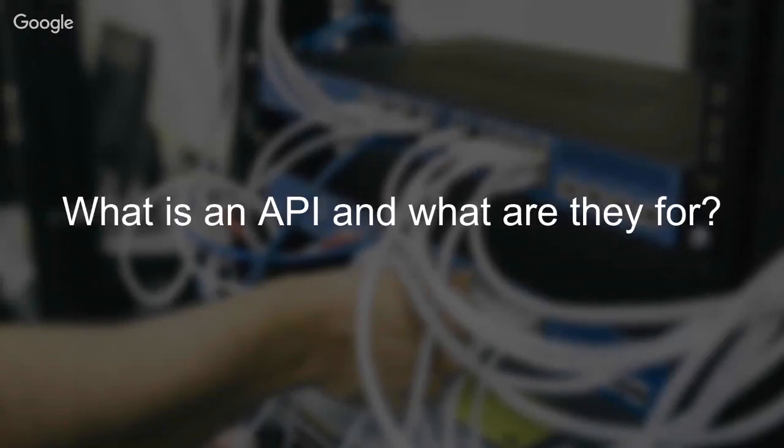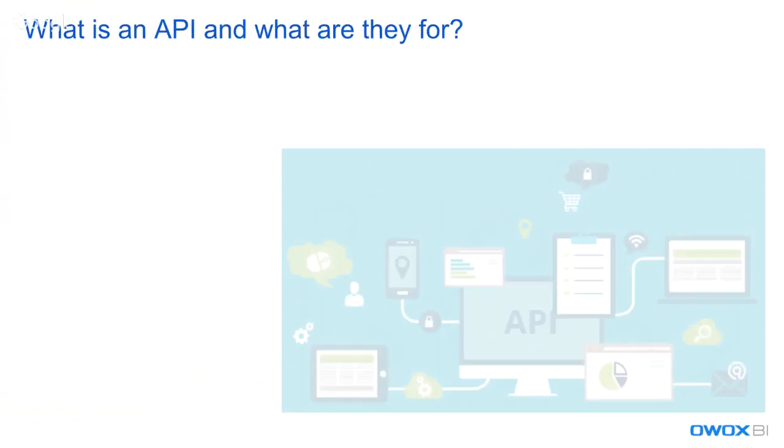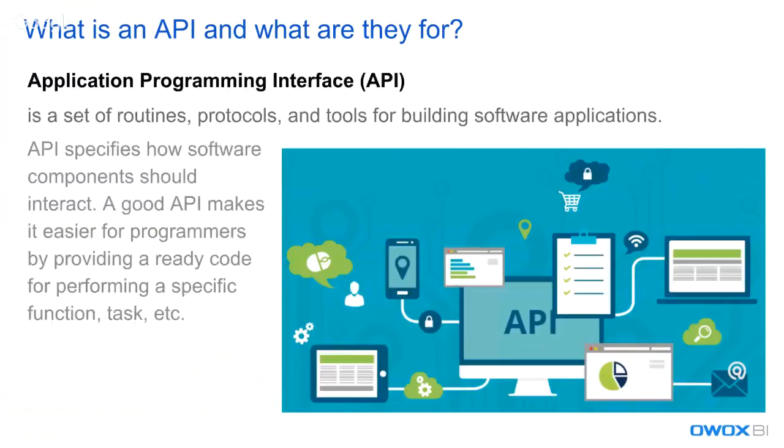So firstly, let's talk about what an API is and what it is for. API, or application programming interface, is a set of routines, protocols and tools for building software applications. APIs specify how software components should interact.